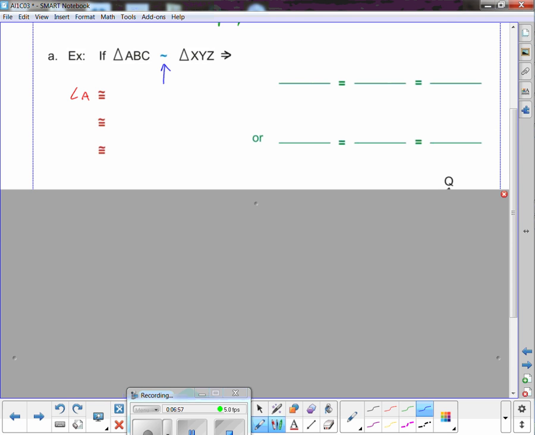It is a tilde. That is the symbol for similar, the tilde. So angle A is congruent to angle X. How did Andrew figure that out? A was listed first there, and X is listed first there. And I'm an orderly person, so I'll do angle B next. And angle B is congruent to angle Y. And angle C is congruent to angle Z.